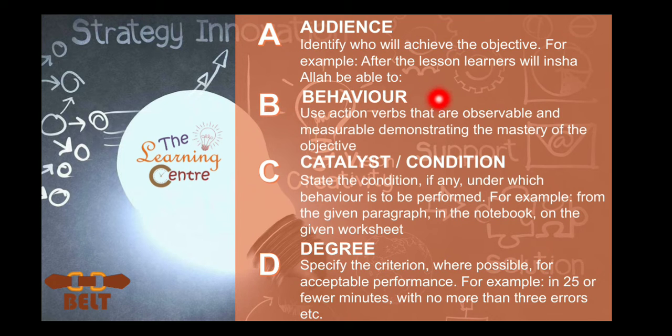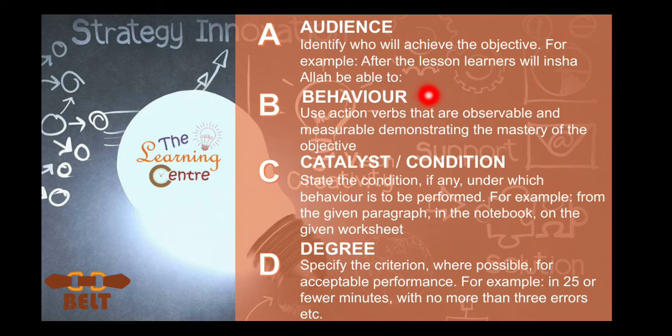B stands for behavior. Use action verbs that are observable and measurable, demonstrating the mastery of the objective. So these should be behaviors that are observable and measurable. For example, if you say the children will be able to understand the definition of nouns or some other concept, then how will you be able to see or measure whether the children have achieved the target or not?